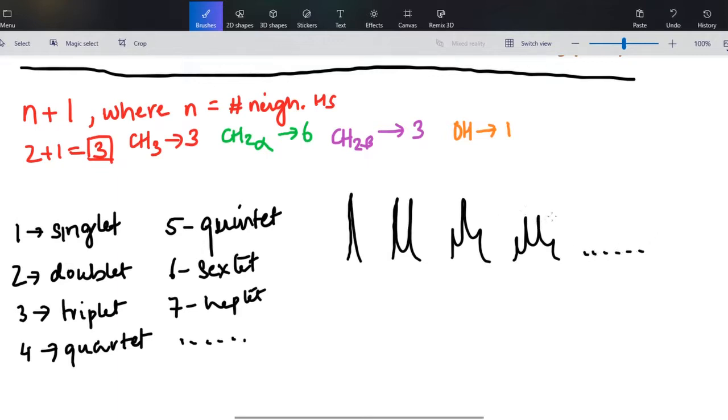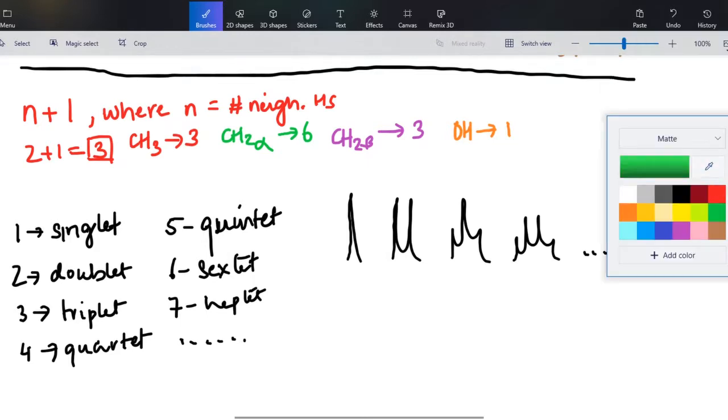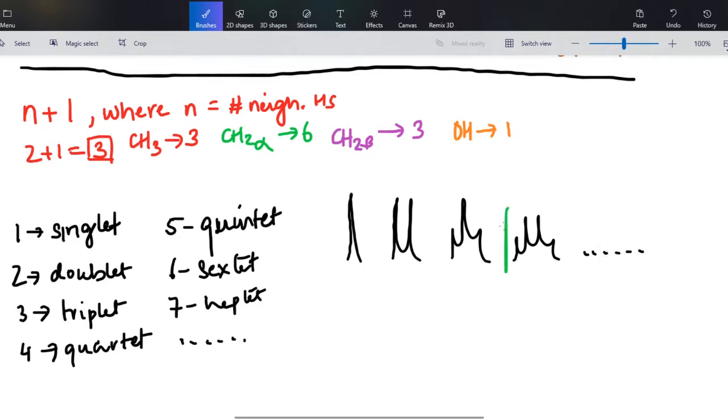Again, if you can tell the splitting pattern of a compound, you can directly know how many neighbors a particular signal has. So if I were to say I see a quartet appear in my NMR, I can say, well, a quartet means that I have a multiplicity of a value 4.